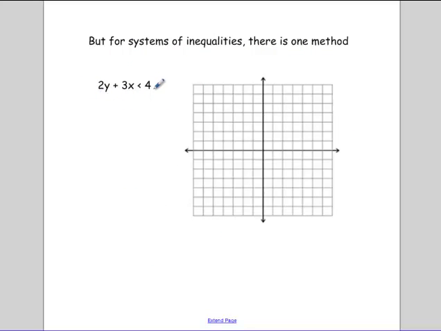Alright, so let's see. I'm not going to solve this using the intercepts method because this number 4 isn't divisible by that number 3. So I'm going to use what most of you typically use, and that's solve this for y and use y equals mx plus b. But it's not equals, it is less than, so we're going to have to deal with that. We're going to isolate the y. The first thing we're going to do is subtract 3x from both sides.